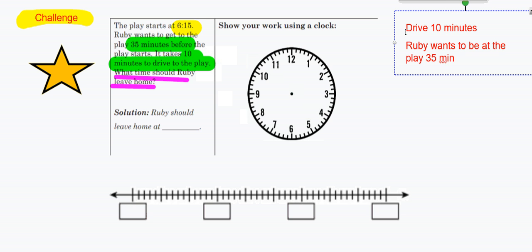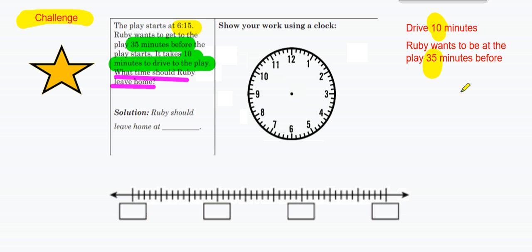35 minutes before. So if I highlight that 35 minutes right here, sorry, let me get a different color for that. And I highlight these 35 minutes right here, the question is, I'm sorry guys, how many minutes in total Ruby needs to plan to leave the house?